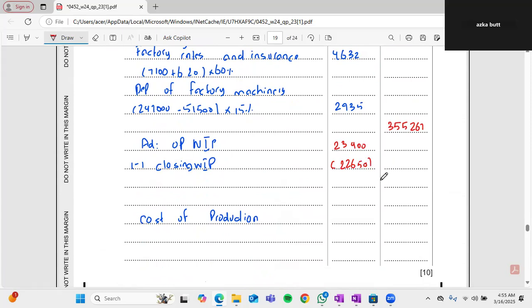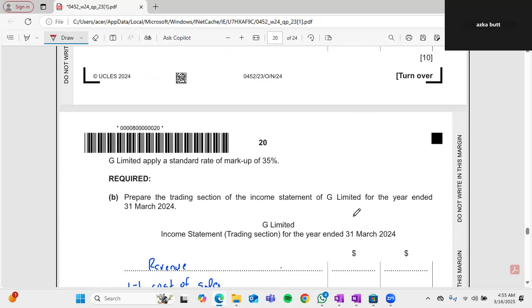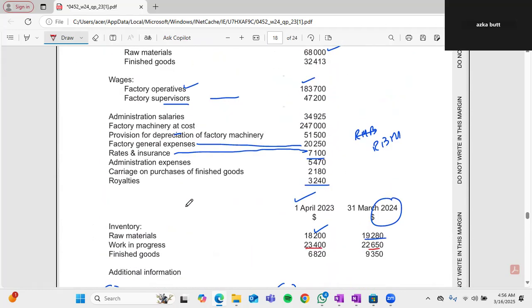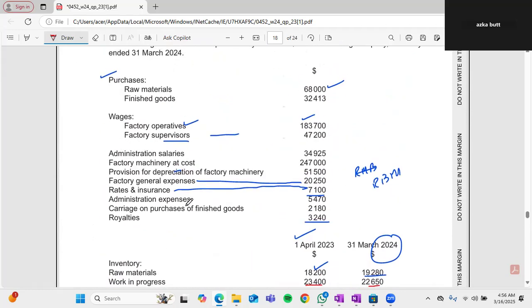If you add the total of factory overheads and prime costs, add opening work in process, less closing work in process, you'll get the cost of production, which is 356,017.